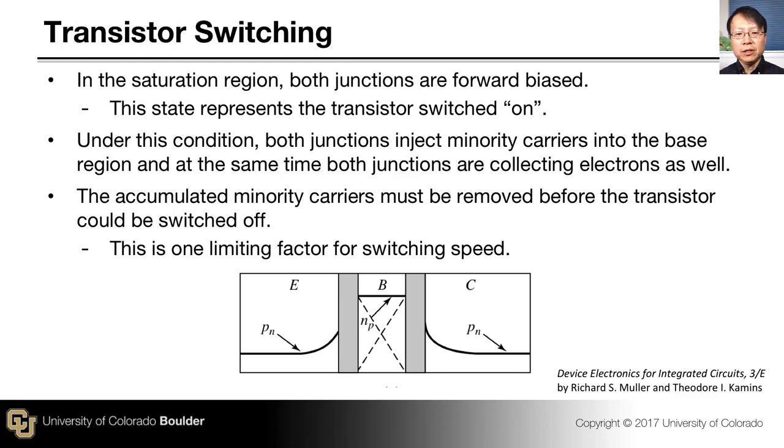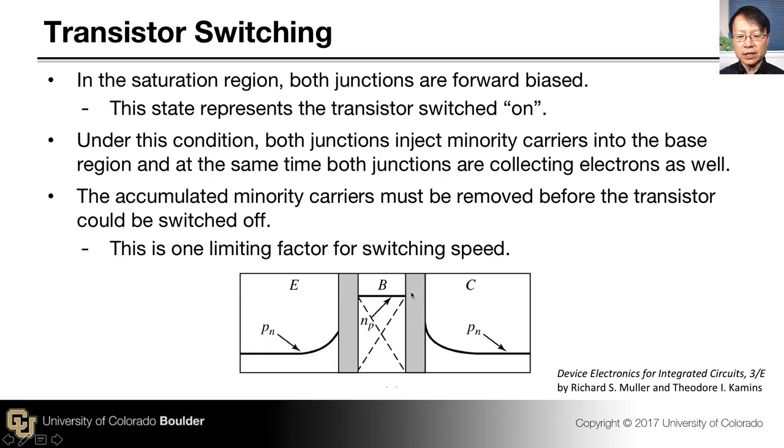Now, we talk about transistor switching. For switching operation, the transistor is operated in saturation mode or in cutoff mode. In saturation mode, both PN junctions in the BJT are forward biased. As shown in the diagram here, the emitter injects minority carriers into the base. So electrons are injected from emitter into base. At the same time, electrons are also injected from collector to base.